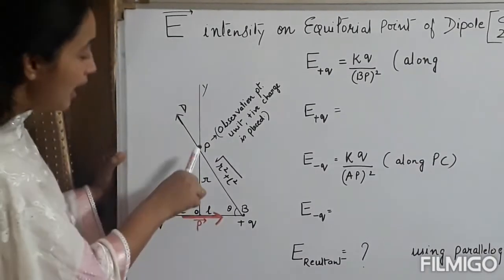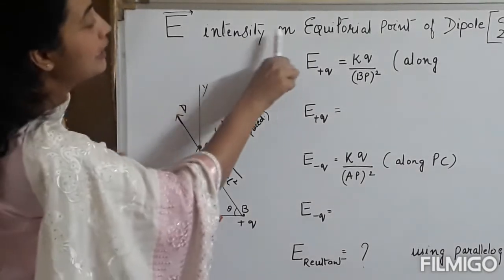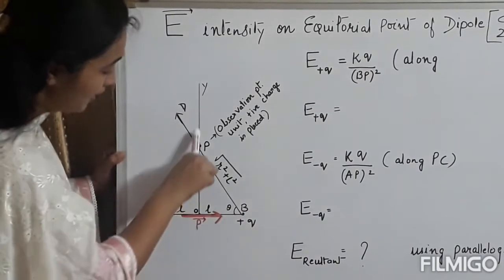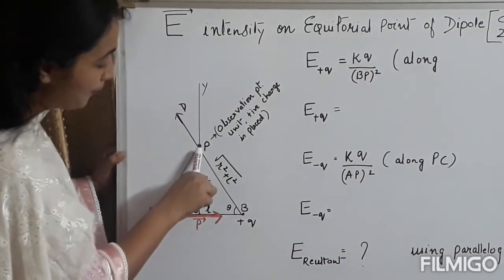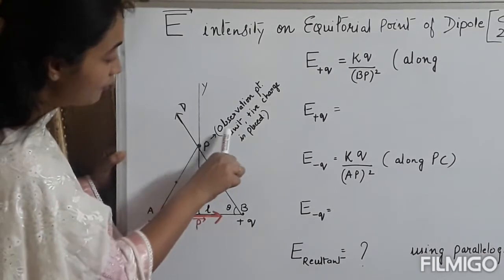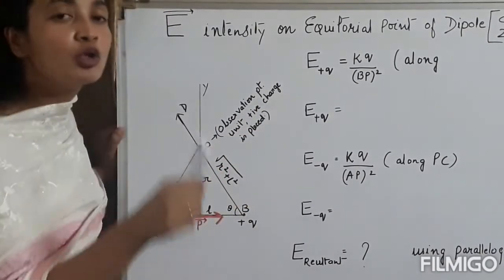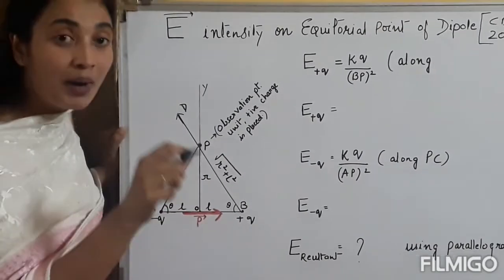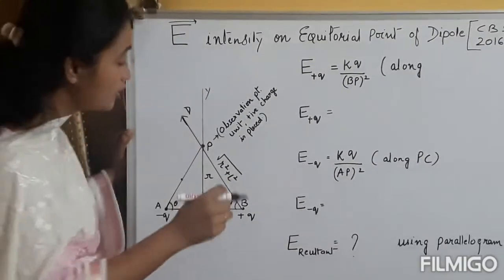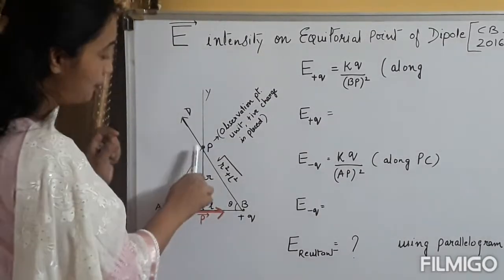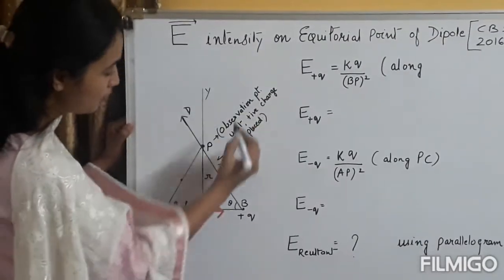Are you getting? I have to find out the electric field intensity on equatorial point, that is anywhere on this line, and we have taken a point P, and here we consider if we put a unit positive charge, then the amount of force experienced by the unit positive charge at P will give you the resultant electric field at P. So your P is the observation point.